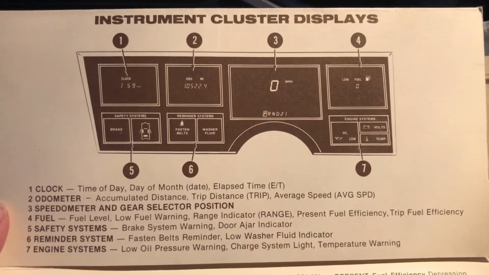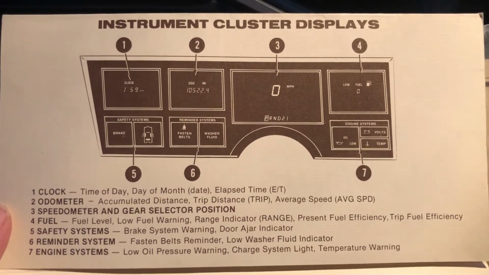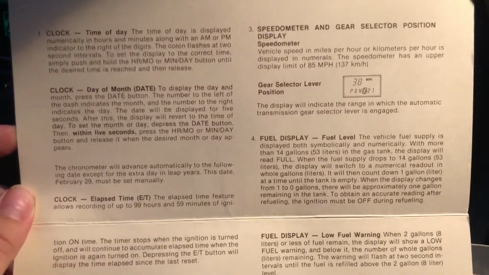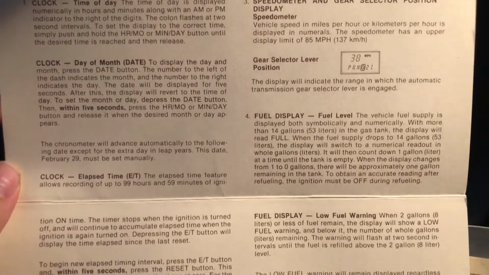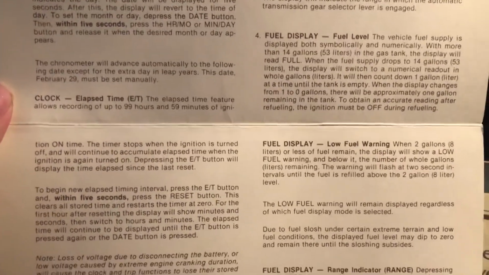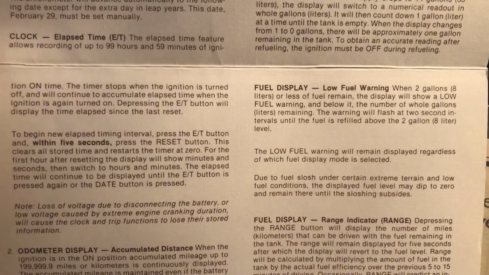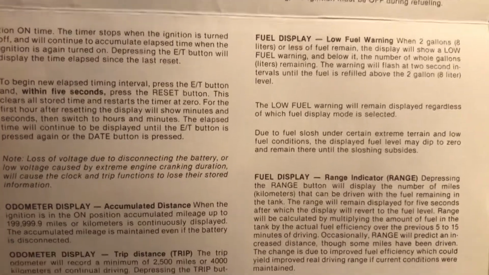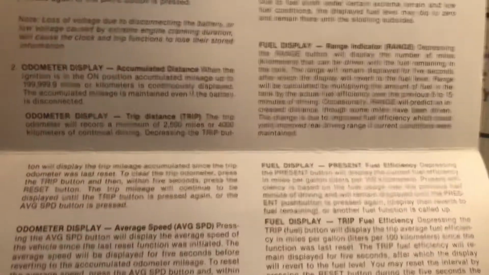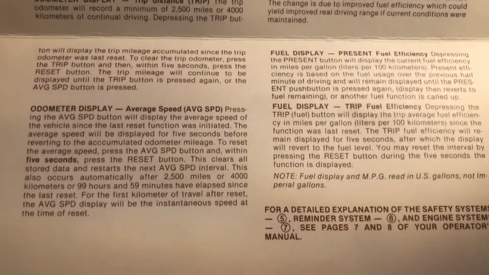So here's the display and each part of the display. And then it has a whole thing about definitions of each function. And fuel low. And fuel display range. And gives you definitions of each thing, which is pretty cool.